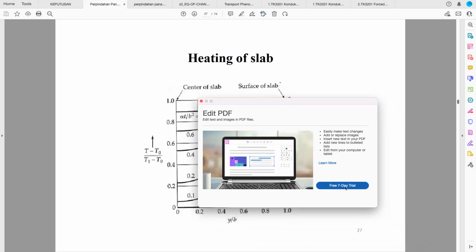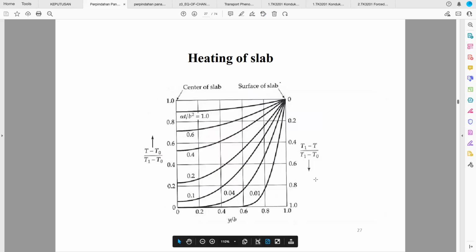So alpha is actually k divided by rho Cp. It is the thermal diffusivity.